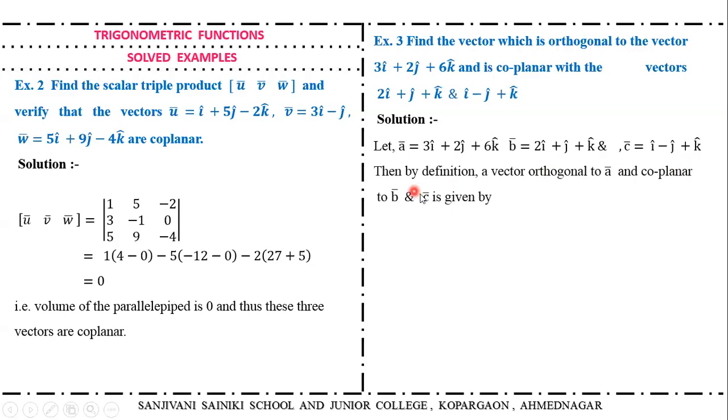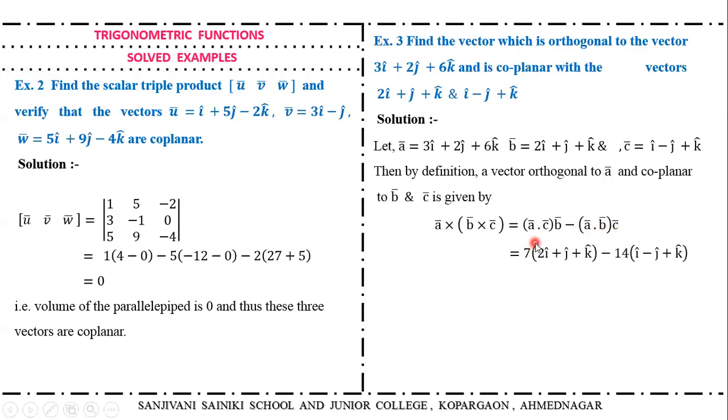Then by definition, a vector orthogonal to A bar and coplanar with B bar and C bar is nothing but the vector triple product A bar cross B bar cross C bar, and is defined as A bar dot C bar times B bar minus A bar dot B bar times C bar.